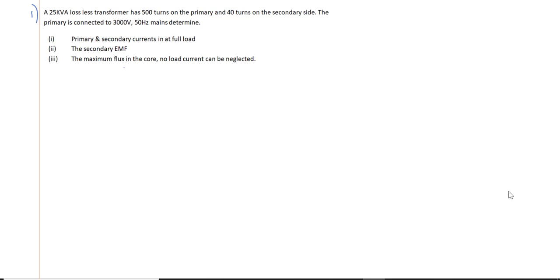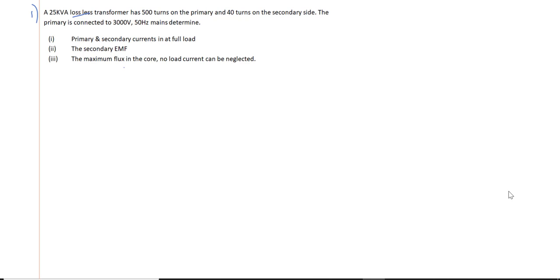Let's read the problem. A 25 kVA lossless transformer has 500 turns on the primary and 40 turns on the secondary side. The primary is connected to 3000 volt, 50 Hz mains.